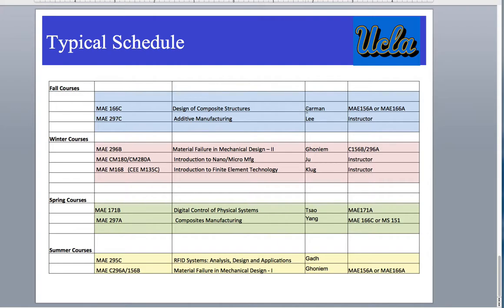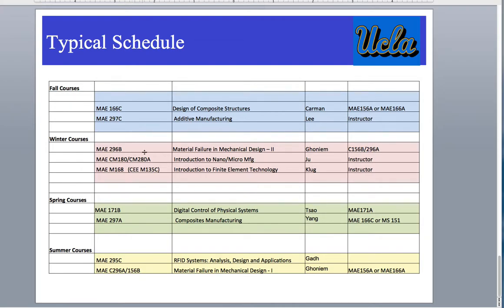The design of composites is taught by Professor Carmen, and his research is on ferroelectric and ferromagnetic materials, and how you can include nano and microscience in making new functional devices, functional materials. And then 296C is Professor Lee, and as I mentioned, he's nanoscience into manufacturing process.